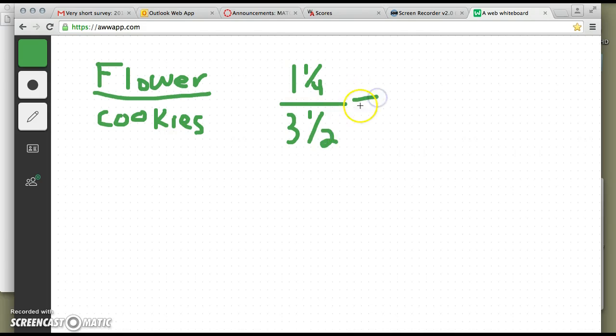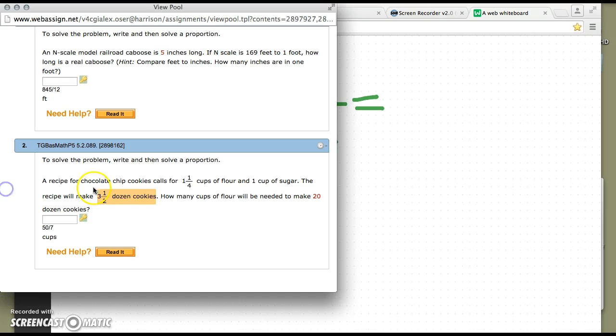All right, so there is our first ratio. And remember, guys, that this ratio is flour to cookies. So now we're going to have to set this ratio equal to another ratio over here using the same order, flour in the numerator, cookies in the denominator, and it'll help us answer this question.